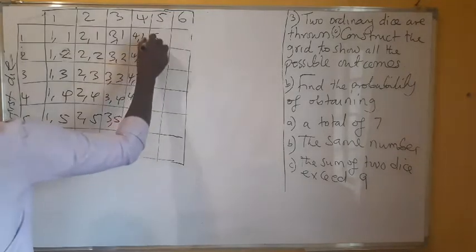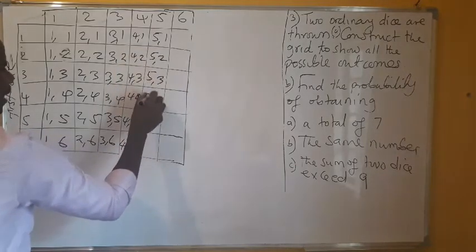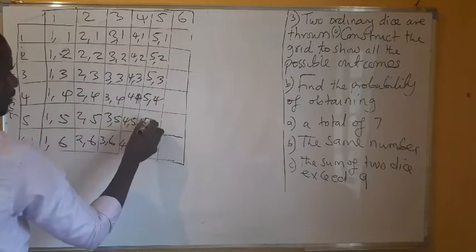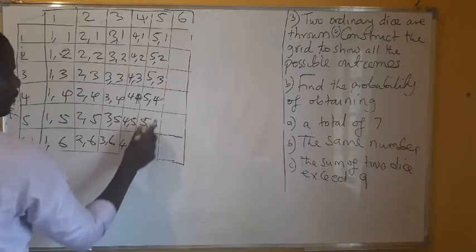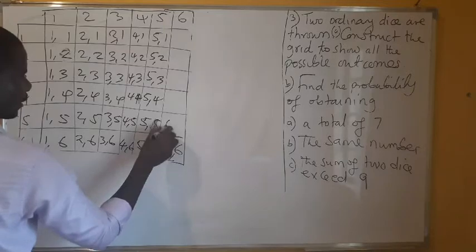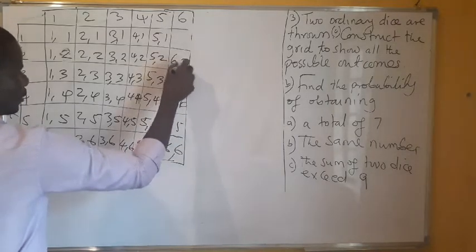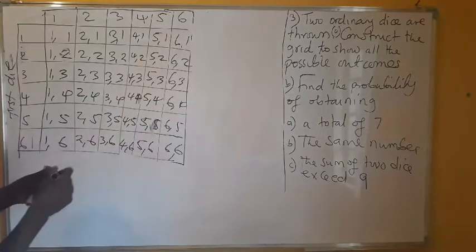Okay? 5, 1, 5, 2, 5, 3, 5, 4, 5, 5, 5, 6, 6, 6, 6, 5, 6, 4, 6, 3, 6, 2, 6, 1.